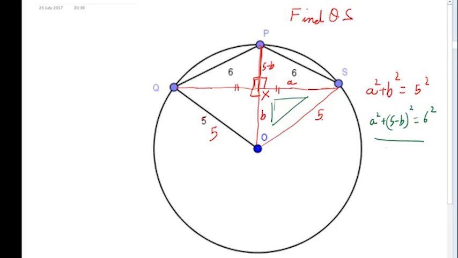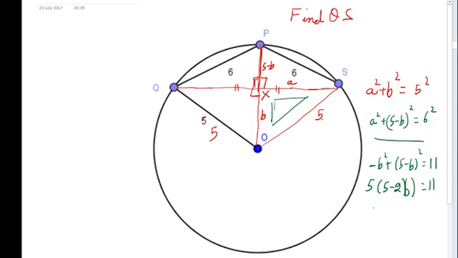One way to solve will be just subtracting the equations. You get (5 minus B) square minus B square equal to 6 square minus 5 square, or 36 minus 25, 11. And this one you can apply A minus B, A plus B also if you want. So this becomes 5 into (5 minus 2B) equal to 11.